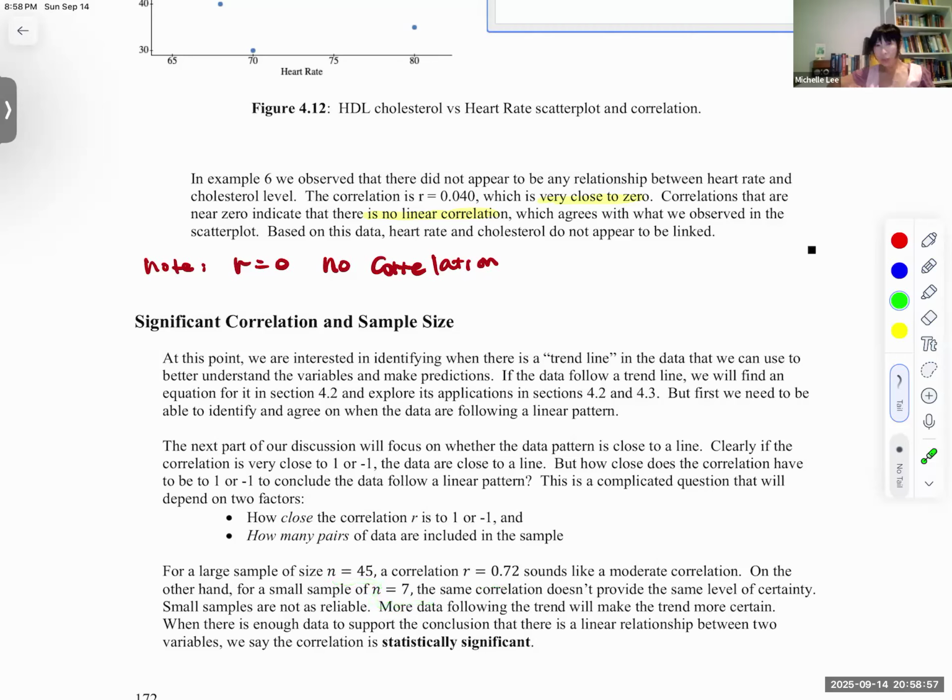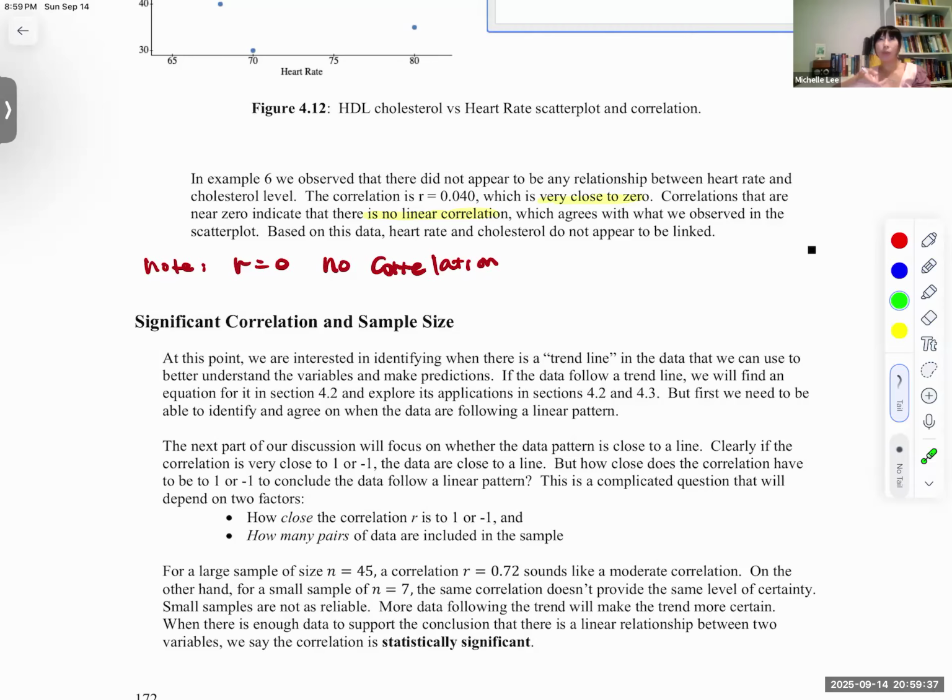Do we trust that? When n equal to 45, the sample is enough to show the pattern, linearly positive associated. But when n equal to 7, with only a few points, the scatter plot pattern is not clear or accurate. So small samples are not as reliable, right?